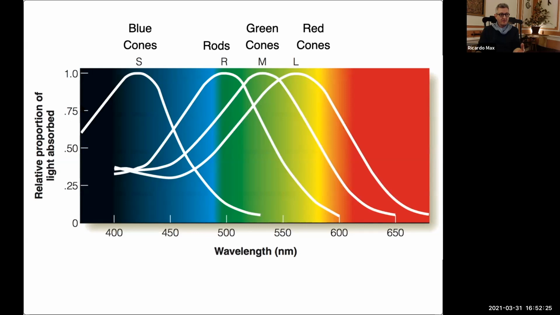Meaning that during evolution, let's say that it happened, that some humans suddenly had receptors that were sensitive to infrared. There was no advantage.